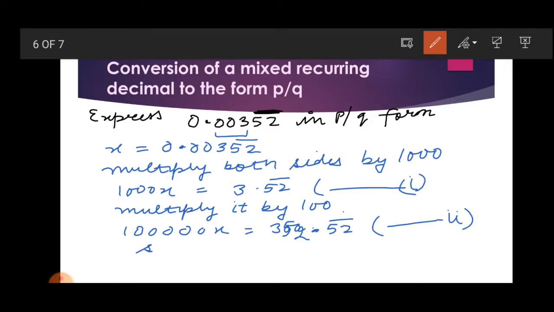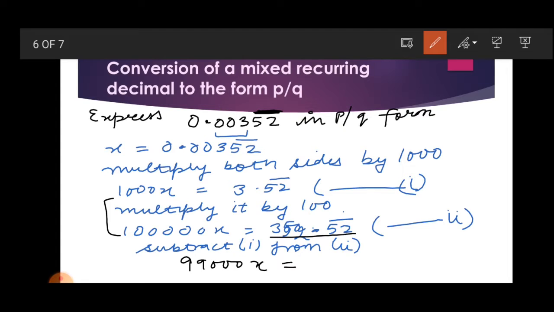Now subtract equation 1 from equation 2. 1 lakh x minus 1000x is 99,000x, which is equal to 352.52 bar minus 3.52 bar, which is equal to 349, which implies the value of x is equal to 349 by 99,000. Thank you.